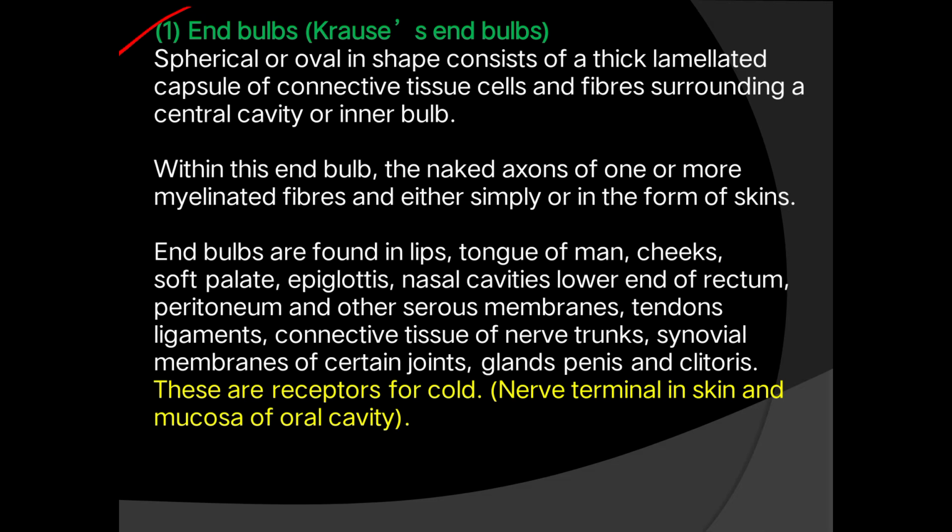That is one type of encapsulated receptor that is spherical or oval in shape and consists of a thick lamellated capsule of connective tissue cells and fiber surrounding a central cavity or inner knob.